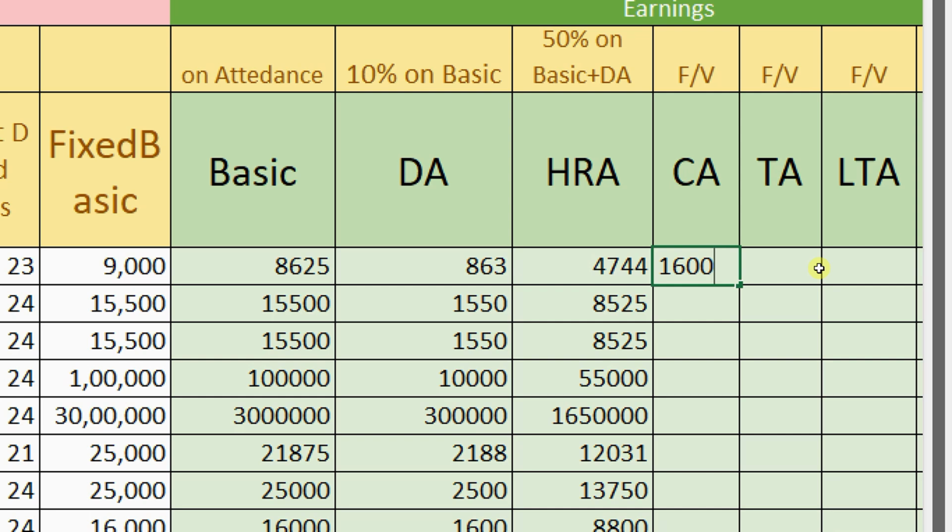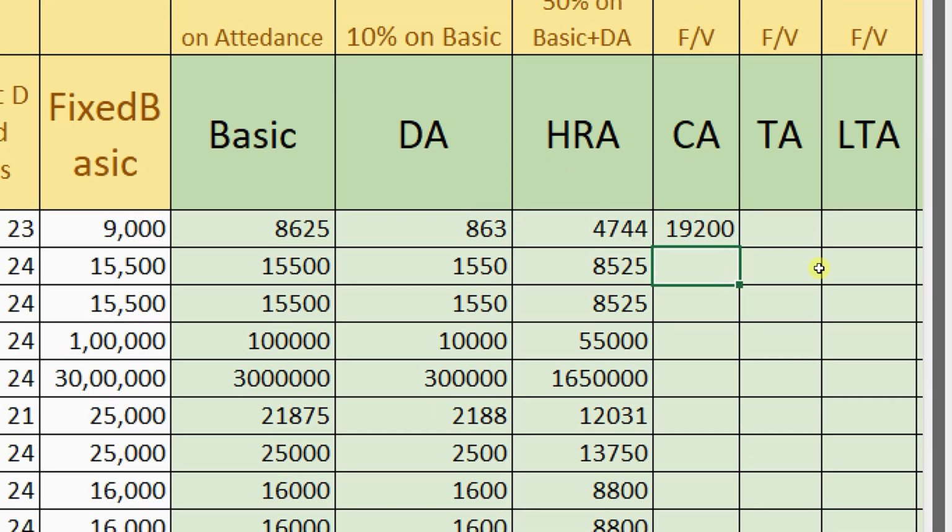I need not pay tax on 1600 per month, which means on a yearly basis, if I receive 19,200 CA from my employer, it is exempt. If I receive 20,000, I should consider income as only 800. 19,200 is under exemption.